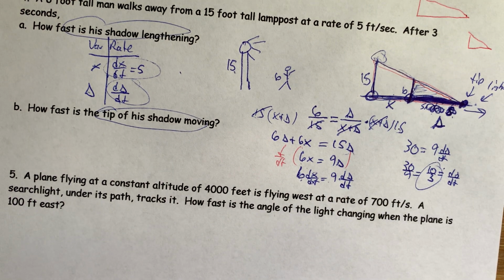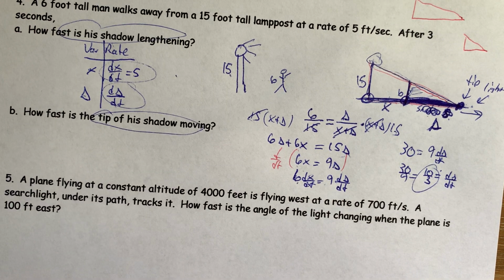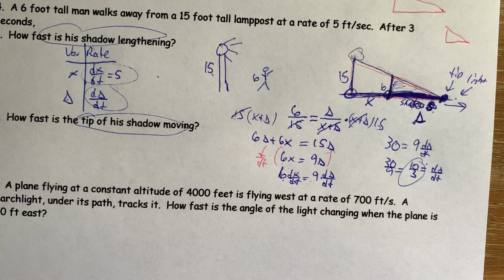He's moving and his shadow is getting longer. They're both happening, and they're actually making his shadow tip move faster than he is. If you ever walk away from a light source, you'll notice that the tip of your shadow is moving slightly faster than you are, because it's both getting longer and you are moving away from the light source, and so your shadow is moving extra fast.